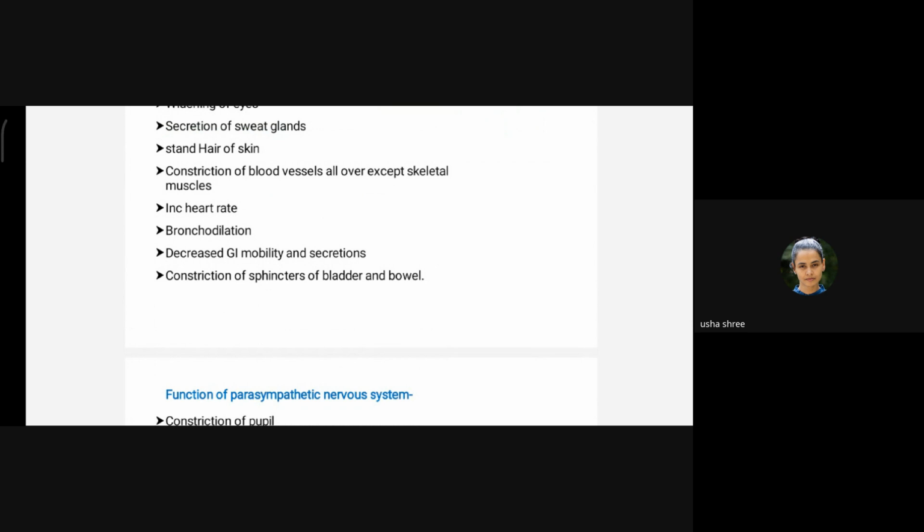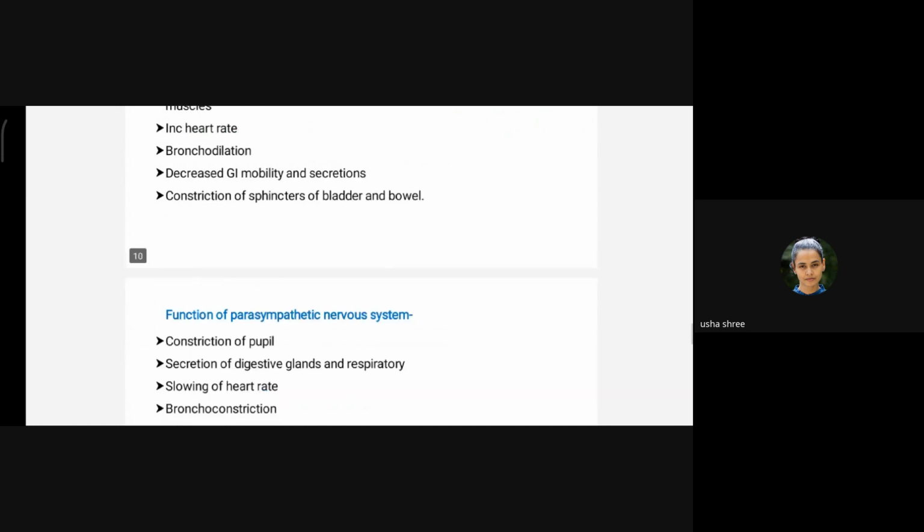Constriction of blood vessels all over except skeletal muscles, increased heart rate, bronchodilation, decreased GI motility and secretions, constriction of sphincter of bladder and bowel.